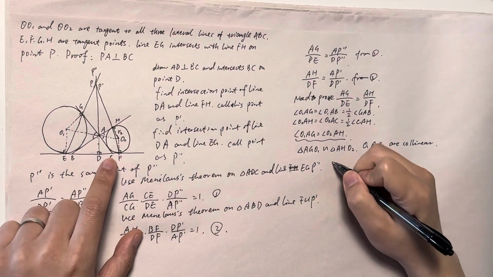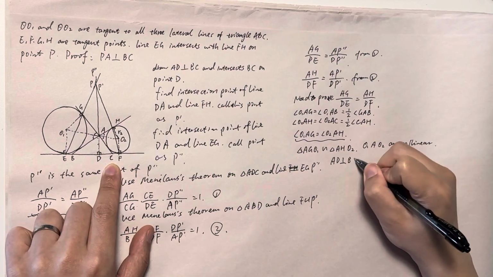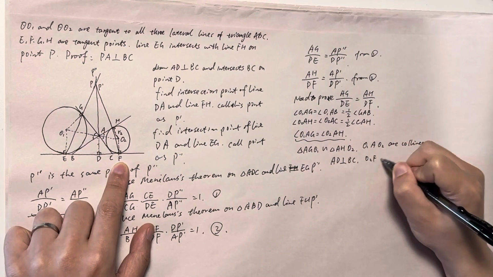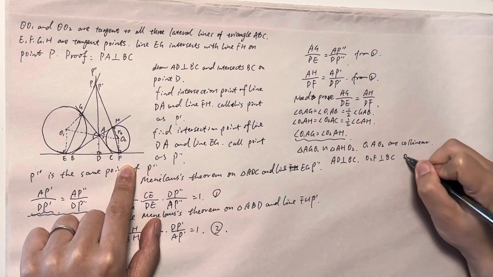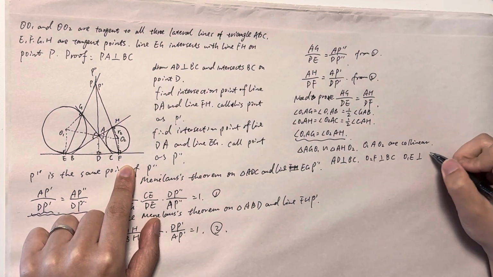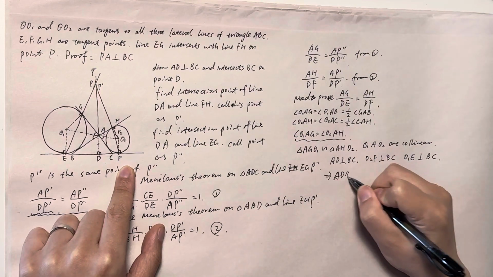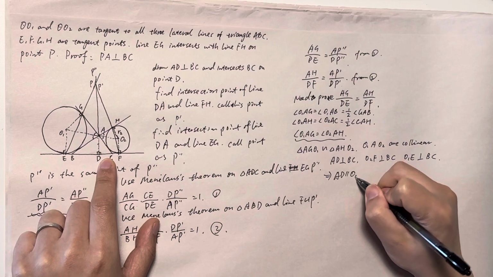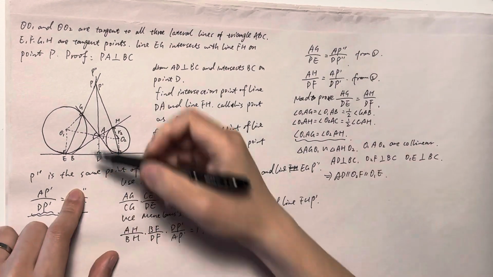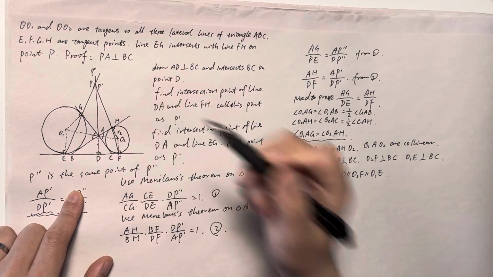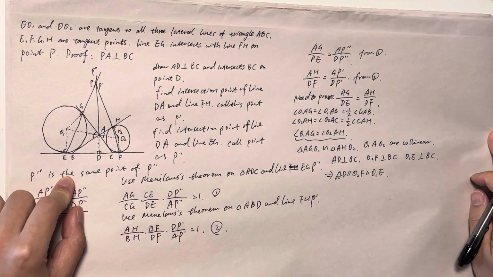And because we got AD is perpendicular to BC, O2F is perpendicular to BC, and O1E is perpendicular to BC, AD is parallel with O2F and parallel with O1E. These three lines are parallel to each other.